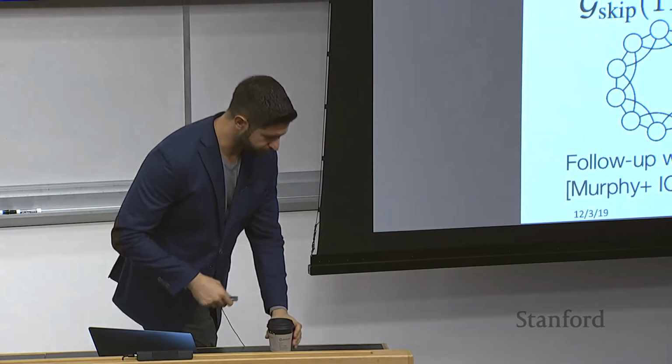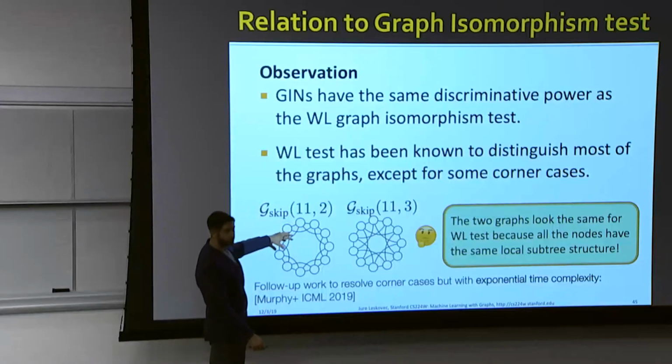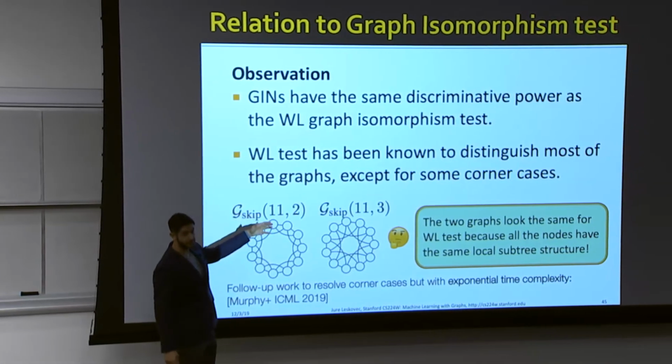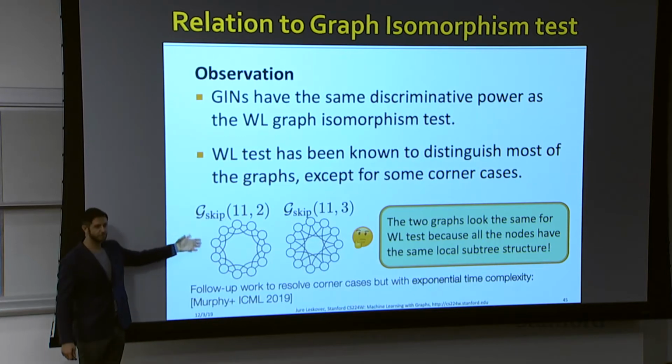So, for example, in this slide you can see some corner cases where the WL test also fails. These are pathological examples which have been built with the sole purpose of fooling the WL test.